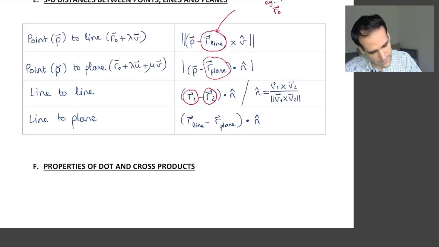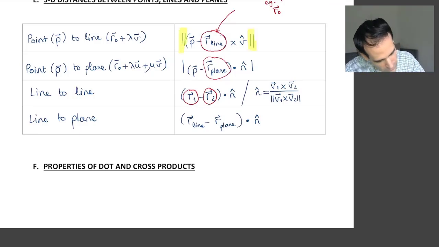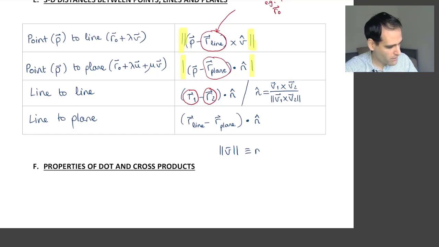Okay, and one more thing. You will notice that here I have used the norm of a vector using two lines, but here I have used only one line. Why is that? When I use two lines, I mean the norm of a vector.